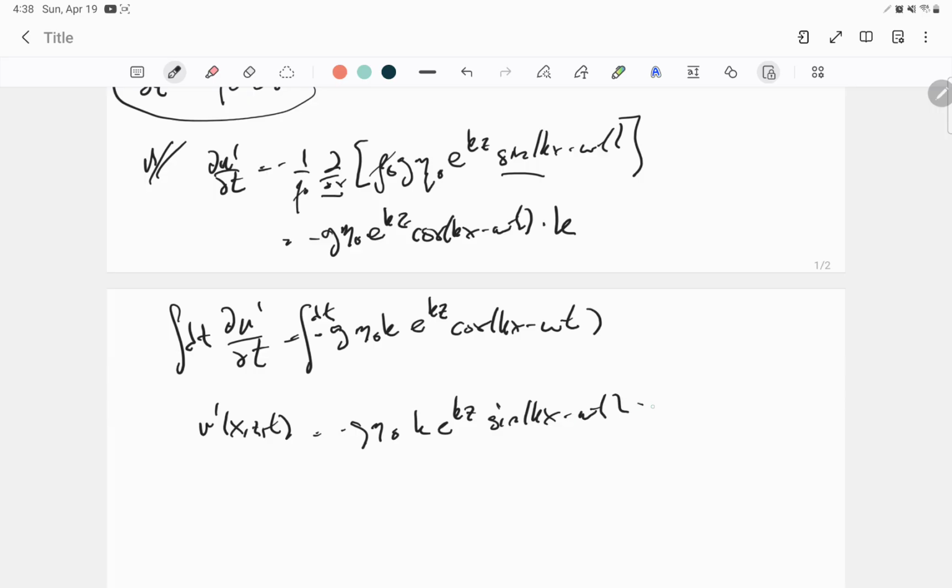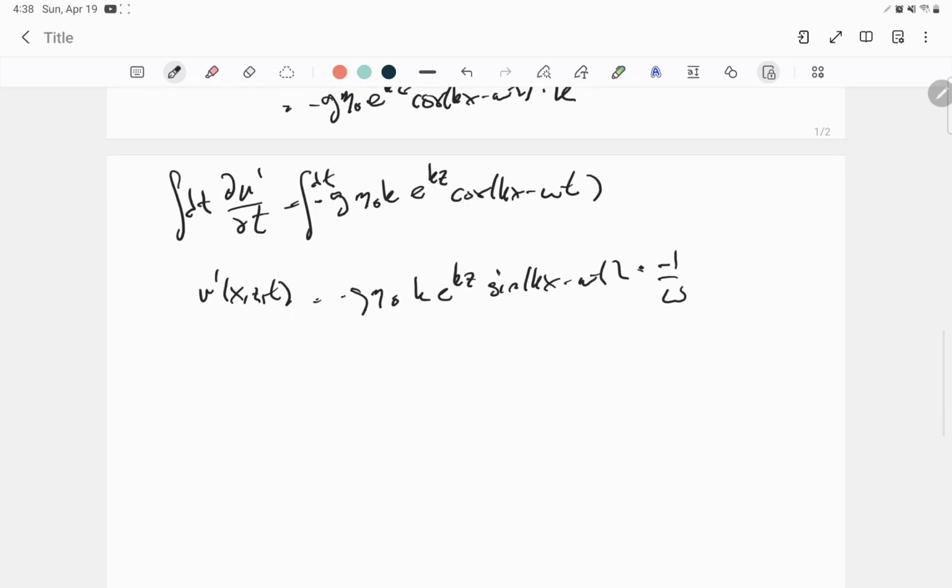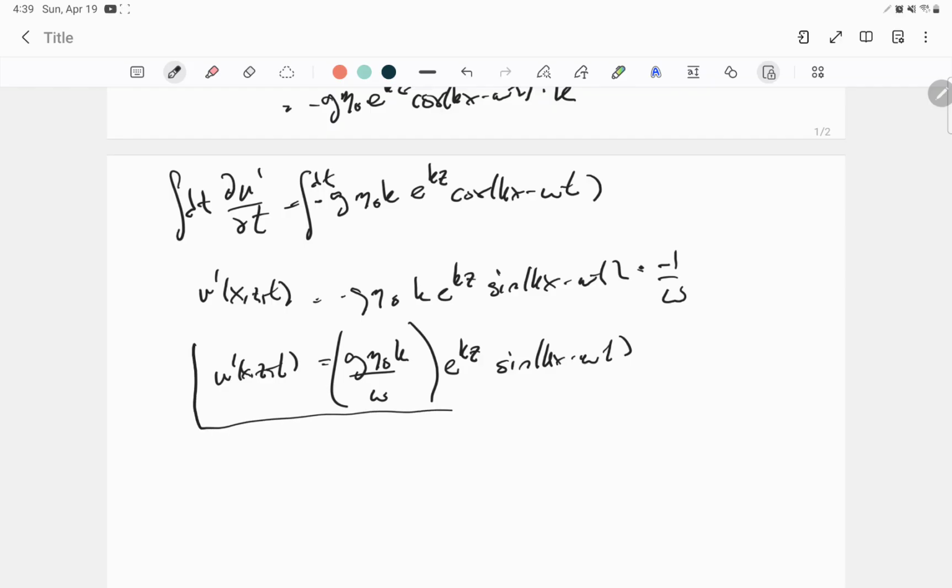And then we have to multiply by negative 1 over omega because of the chain rule in reverse. And so we get here g eta naught k over omega times e to the kz sine kx minus omega t. And that's our formula for u prime of x, z, and t.